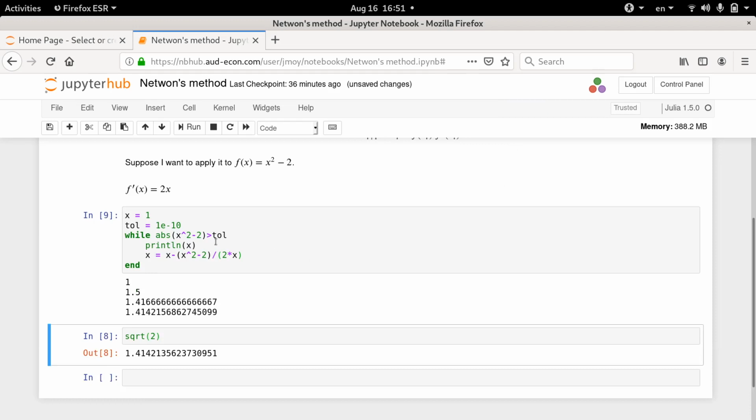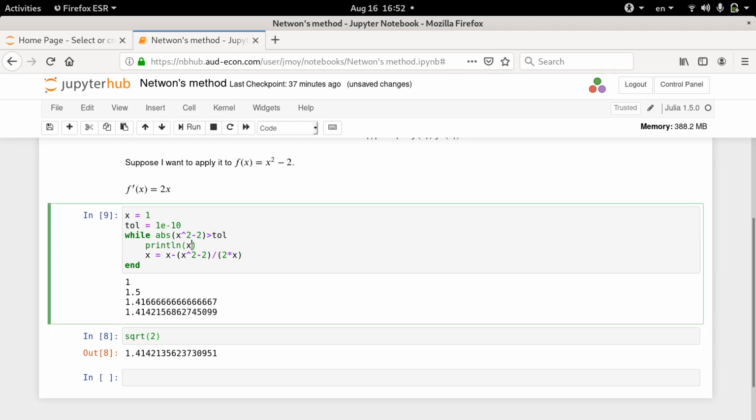So in a while loop, the loop keeps on executing until the condition is no longer met. Our condition is that the absolute value of x squared minus 2 is greater than tolerance. So x squared minus 2 is quite far from 0. As long as it is, keep updating x using the Newton's method formula. And when it is no longer greater than tolerance, so it has become pretty small, then stop.